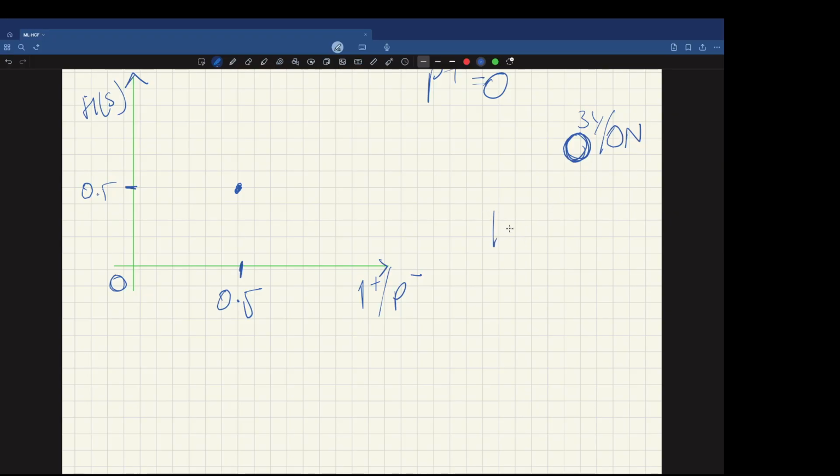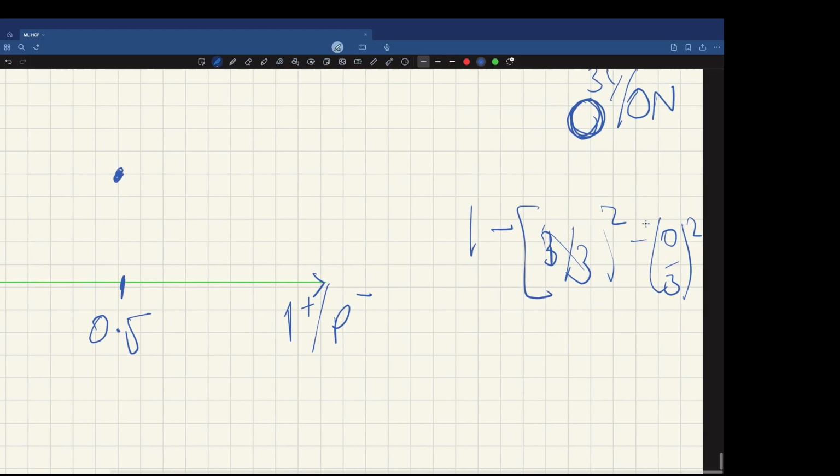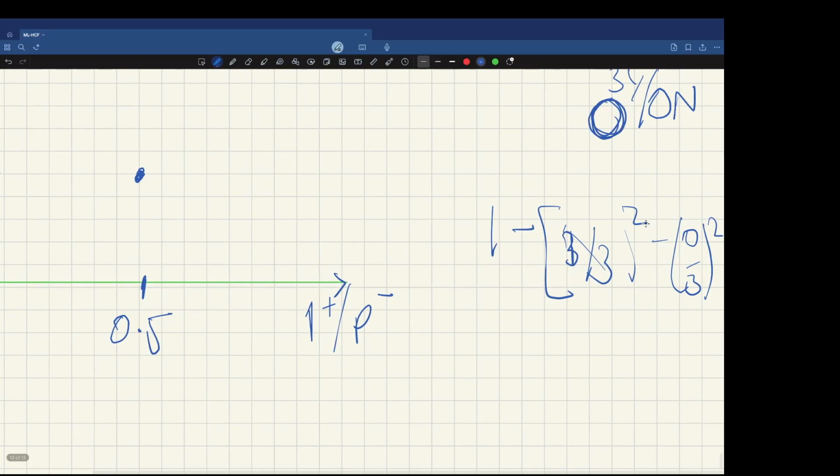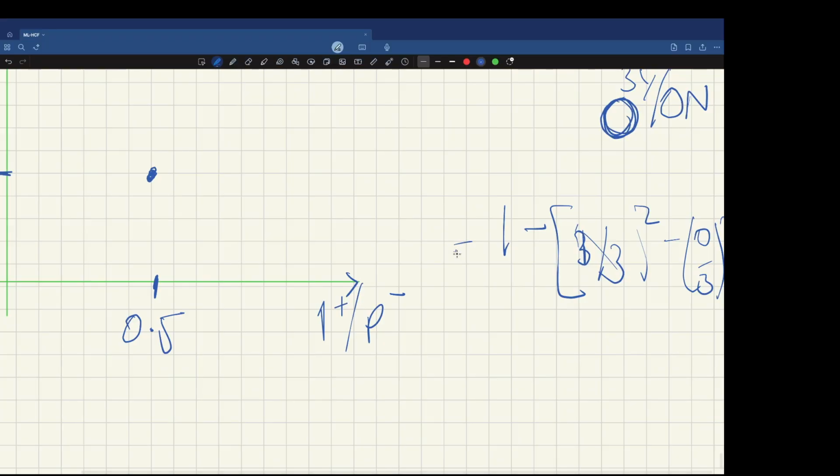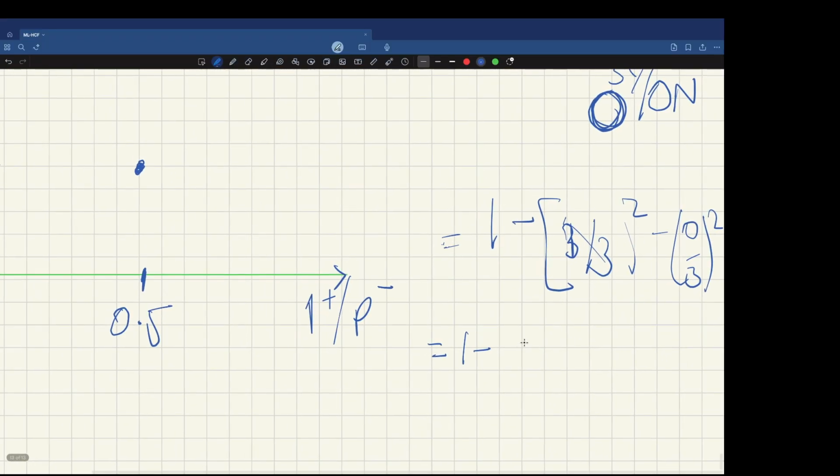It will become 1 minus P positive squared, that is (3 by 3) squared, minus (0 by 3) squared. 1 minus (3 by 3) squared is nothing but 1 minus 1 squared minus 0 squared, that is nothing but 1 minus 1, that is 0, right?